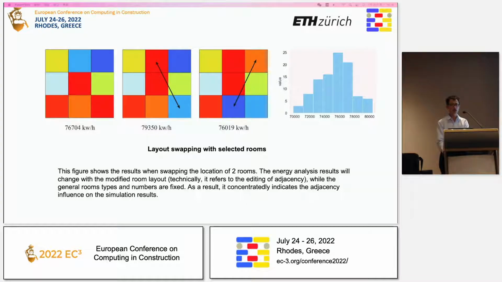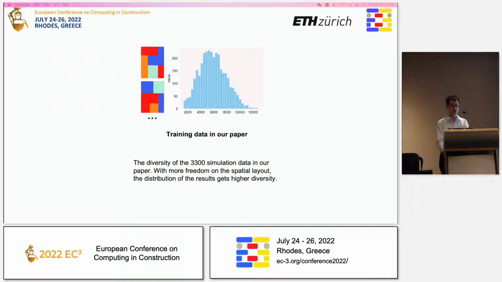We did this 100 times on different floor plans, and found that the floor layouts do influence the energy performance. In the end, we generated over 3,000 floor plans, and you can see the floor layouts. We have more freedom on that, and a wider range of energy consumption.